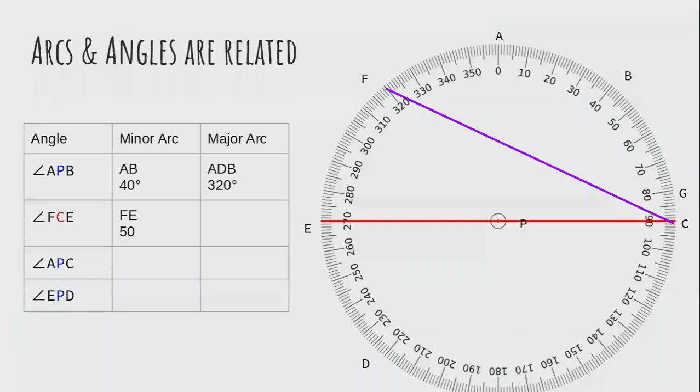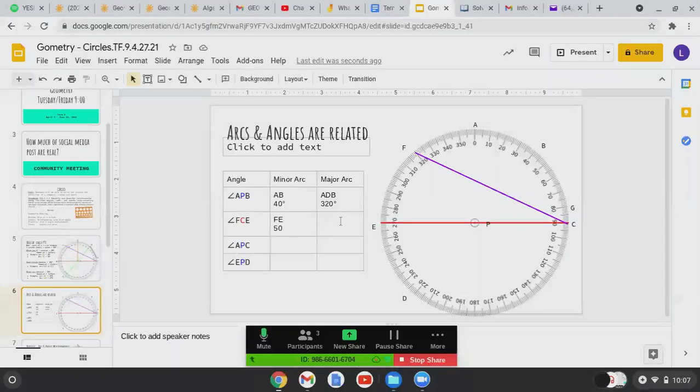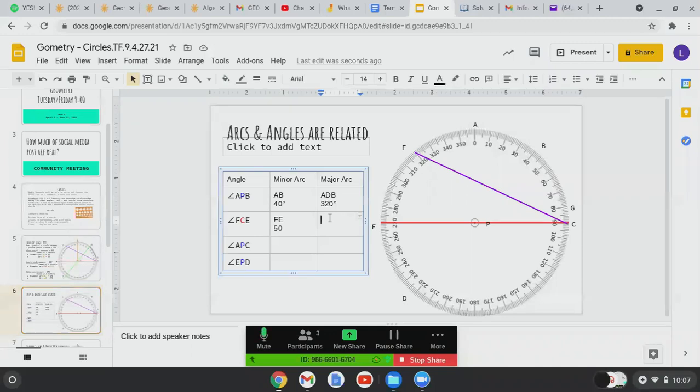What would be the piece that is left? 310. Oh, yes, 310. And what arc measures 310? Where would we start? How would we name it? It does measure 310. Thank you for that. So where does it start? Tell me what it goes past. Remember, because you have to name a major arc. And so the major arc would be from E, keep going, C, yep, and C, where we stop, A.